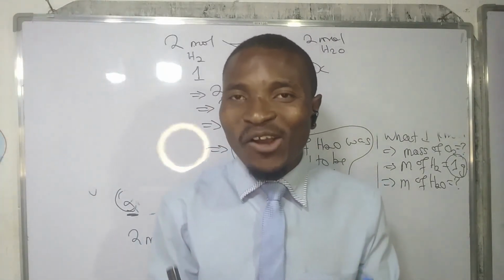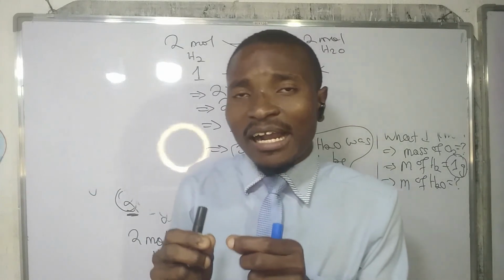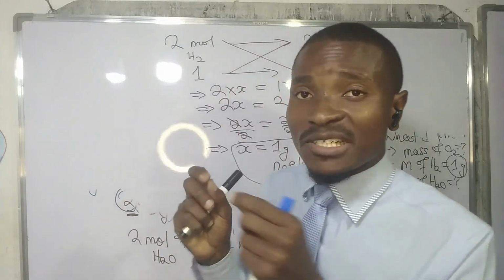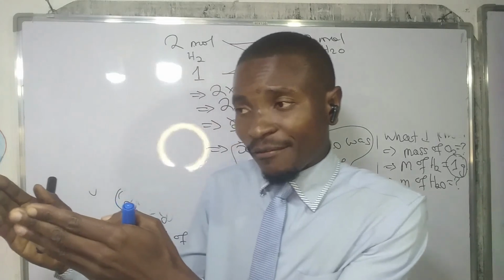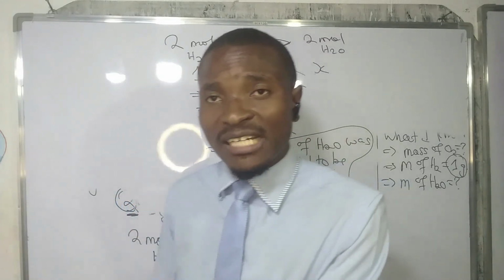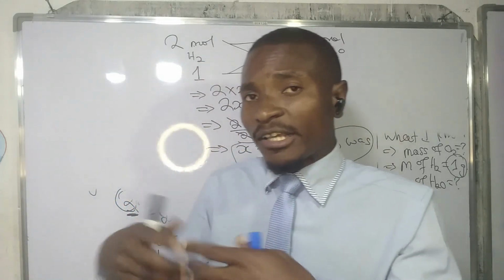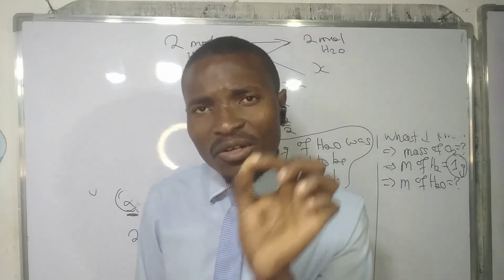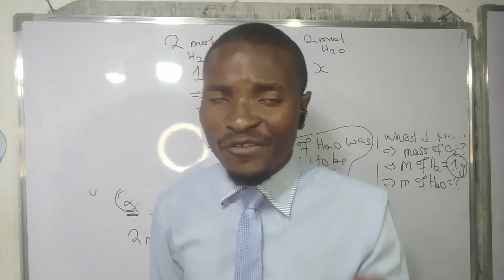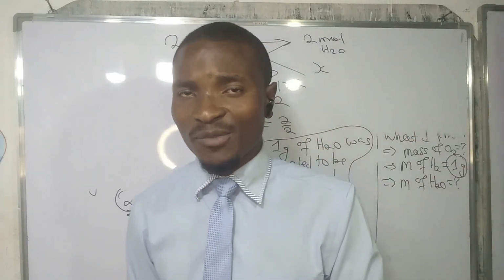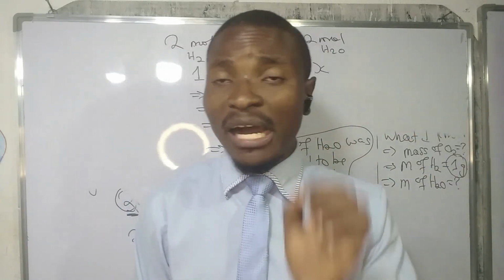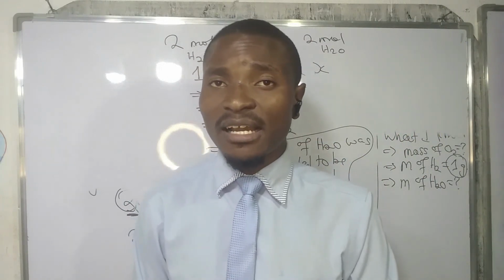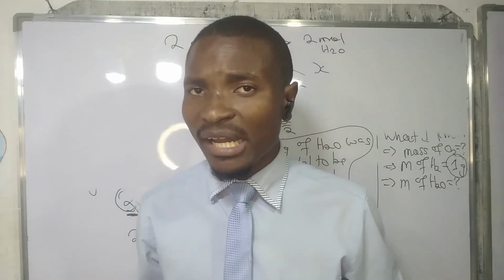So the key concept in understanding calculations from the chemical equation is that we can use the mole concept by understanding that those balancing numbers, the coefficients we use for balancing the chemical reaction, are very helpful in making our life easy.